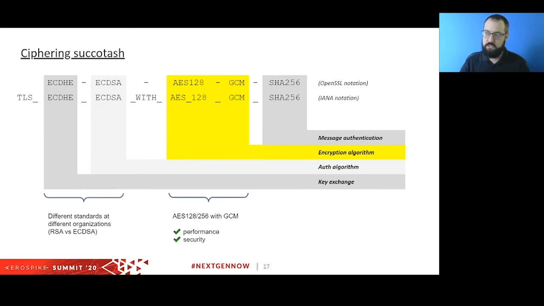And you can recognize this by the use of underscores, and specifically TLS underscore, and then the rest of the details of the Cypher Suite. So this is just a call out that if you are receiving requirements or working in Java and you're familiar with one notation, you might have to translate it to the other notation when you're configuring Aerospike.